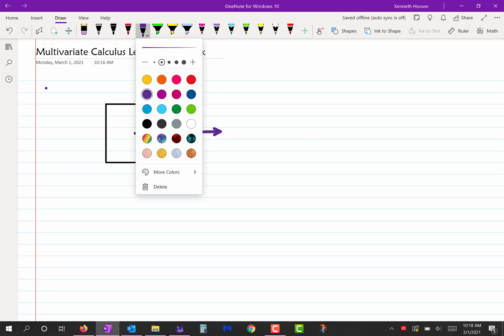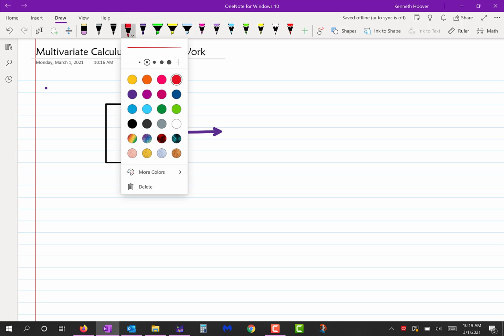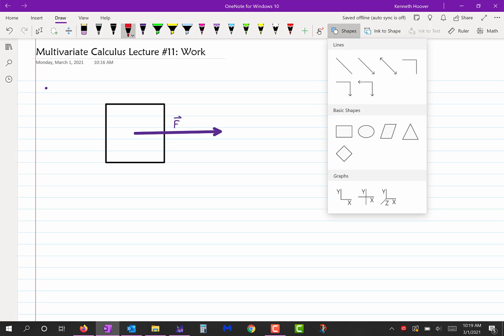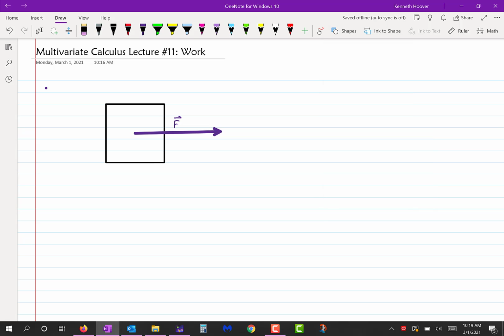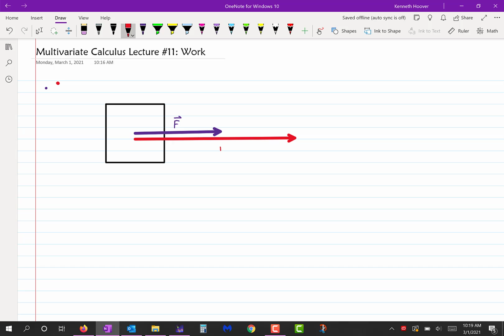Suppose that force causes the object to move. Let's draw what you call a displacement vector, which means a vector that shows how the object was moved. Let's say the object moved this far, and we will call that vector D, for displacement.